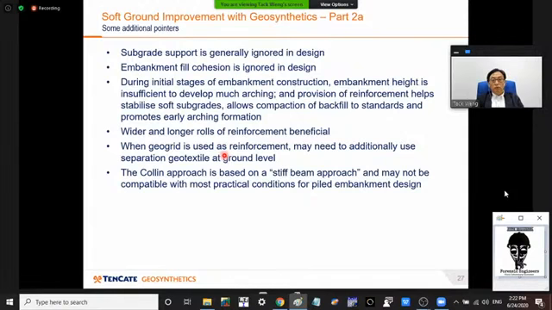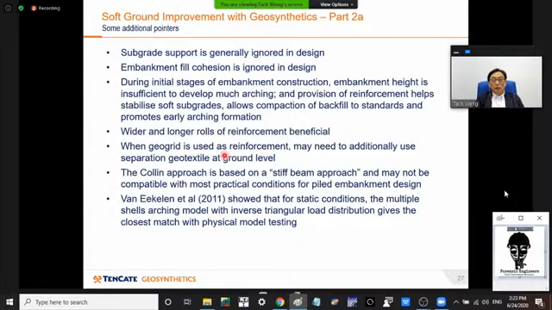The Collins approach is based on a stiff beam approach and may not be compatible with most practical conditions for pile embankment. What it does is it underestimates the load that is required in the reinforcement.